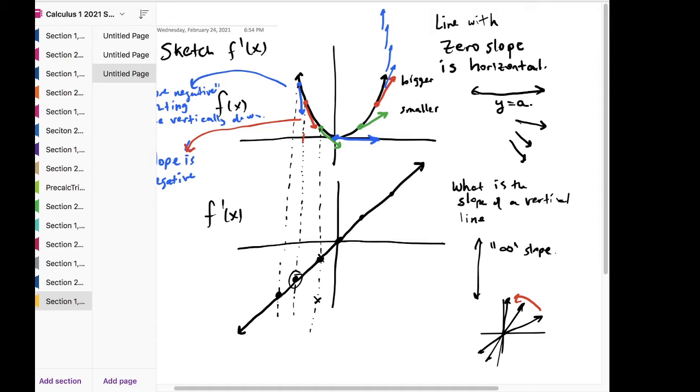But the slope is gradually increasing, so that's why I make it look like this. There's no asymptote or anything. All right. Any questions about that? Okay, we'll do more examples.